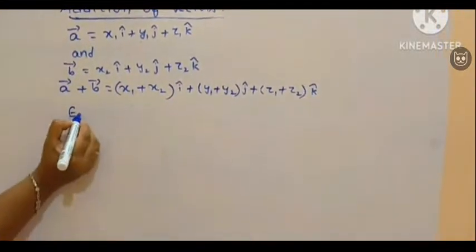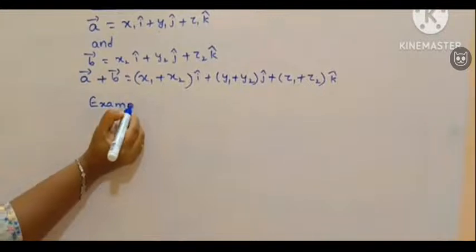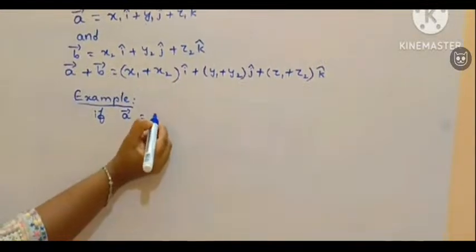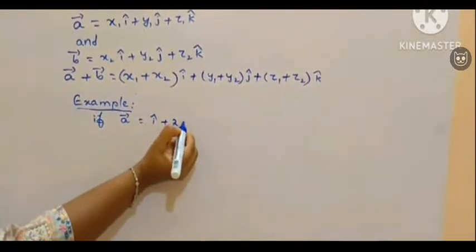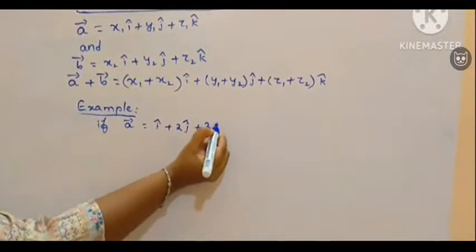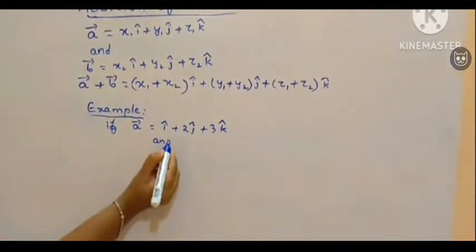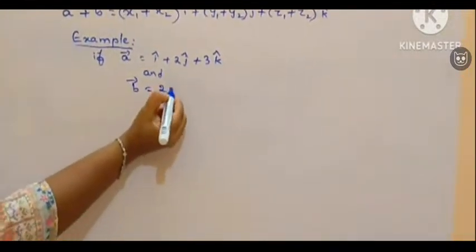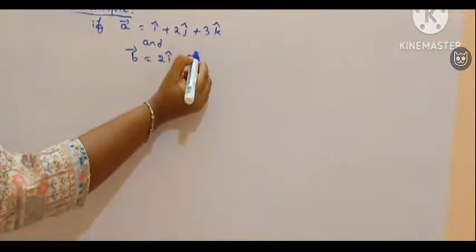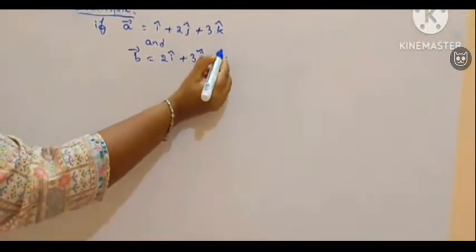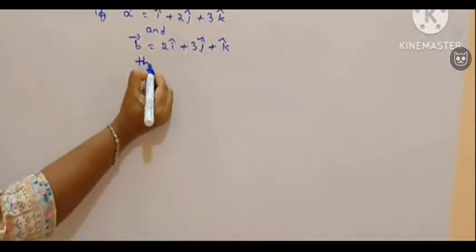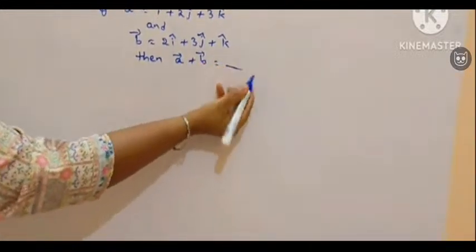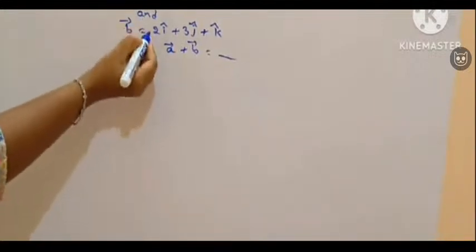Now we will take one example. If A bar is equal to i cap plus 2j cap plus 3k cap and B bar is equal to 3j cap plus k cap, then find A bar plus B bar. So we first follow the method.